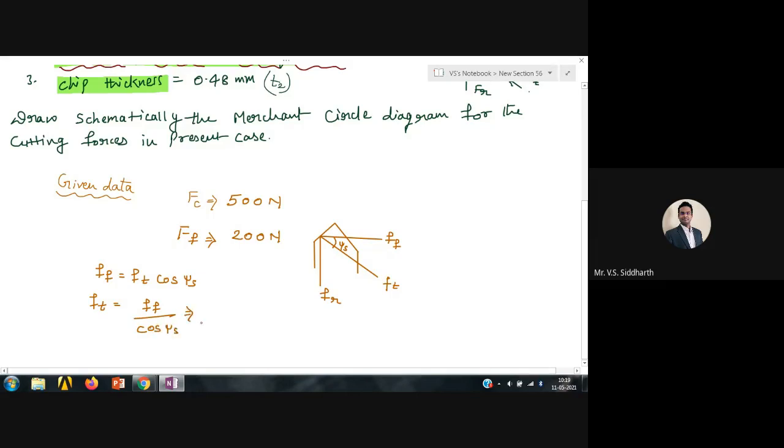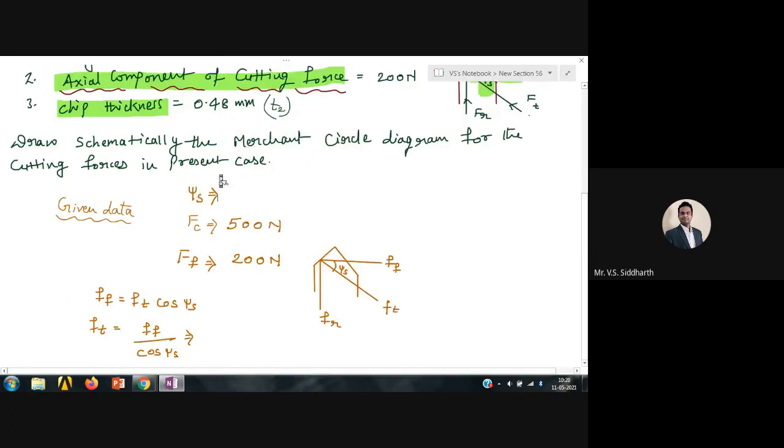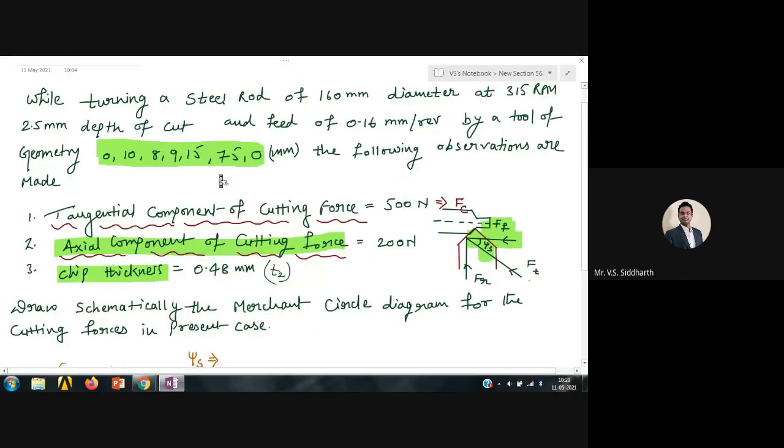What is its value? Tell me. Just a minute. What is the value of psi s? Everyone should tell me the value of psi s. See the tool signature and tell me. 8 degrees. I'm asking the cutting edge angle. You are telling me the relief angle. Manikanta is saying it is 75.